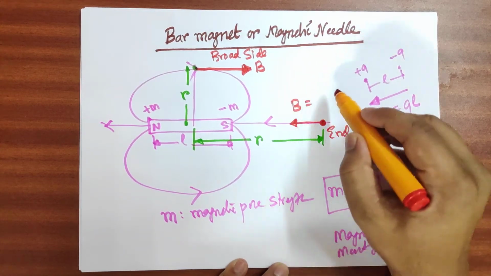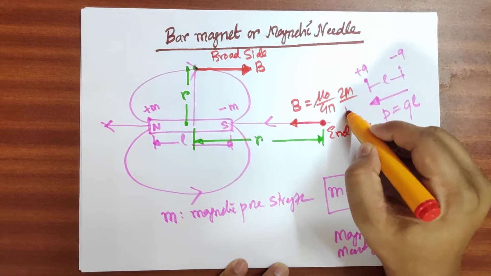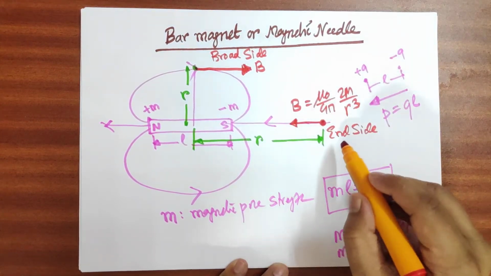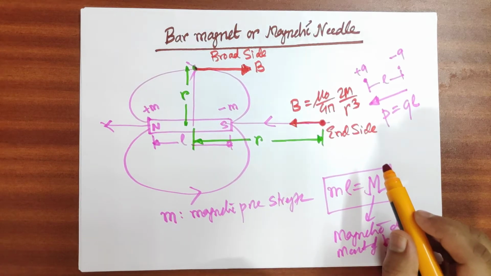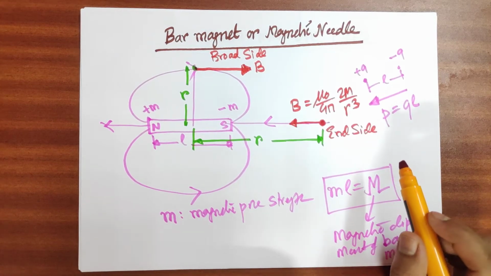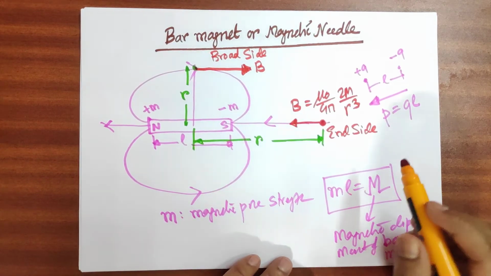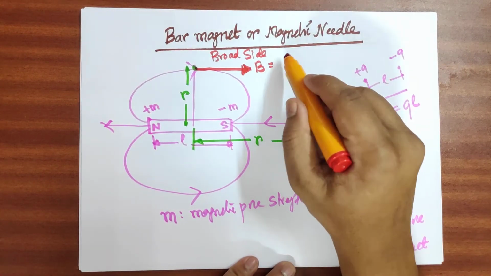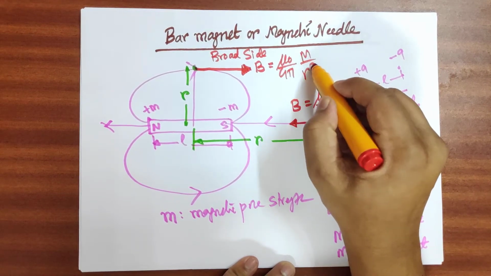Here the magnetic field is mu 0 by 4 pi, 2m by r cube, provided, obviously, that all these formulas are valid only when this distance r is much greater than the magnetic length L. So this is also mu 0 by 4 pi, m by r cube.